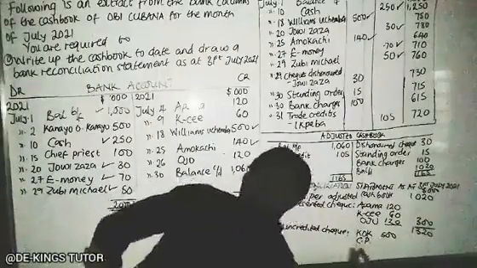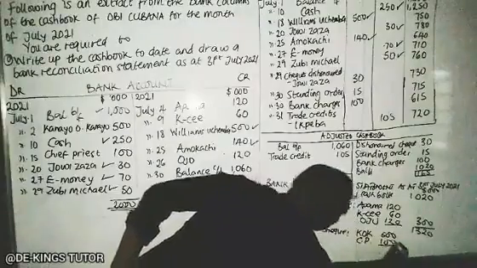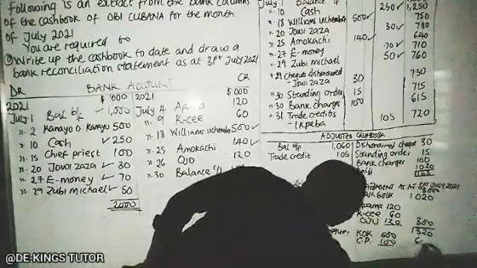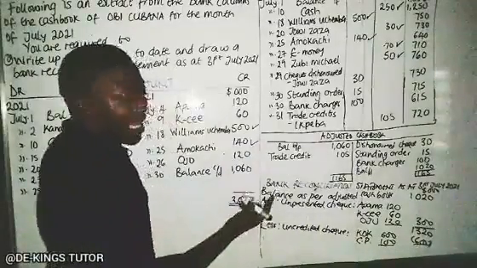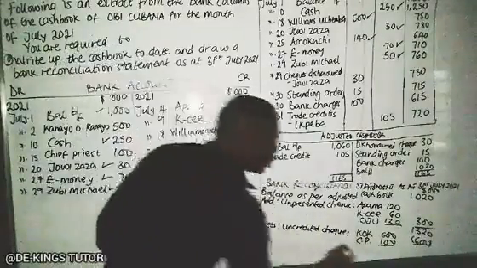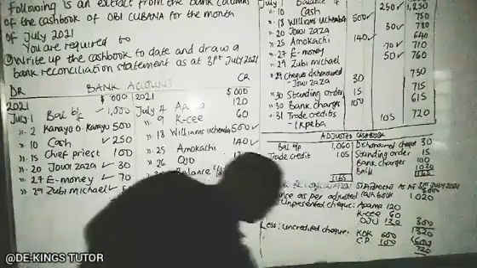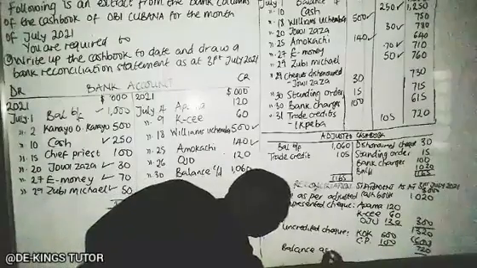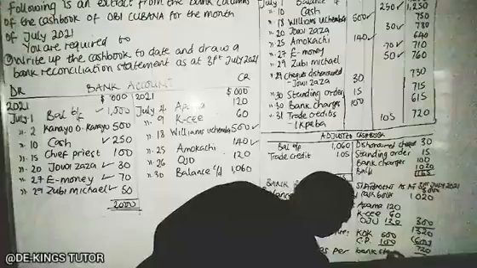So how much is it? 100. Okay, so 500 plus 100 will give us 600. So remember we're less. So 1320 minus 600 will give us 720. So this 720 is now the balance as per bank statement.